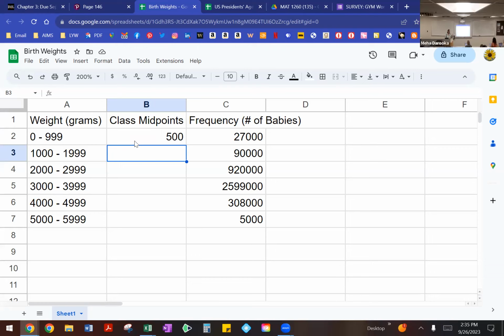So those are the 0, 1,000, 2,000. So 500, then the next class would be, of course, 1,000 plus the 2,000, divide that by 2, and what? 1,500. Then you're doing, let's see, 2,000 plus 3,000.